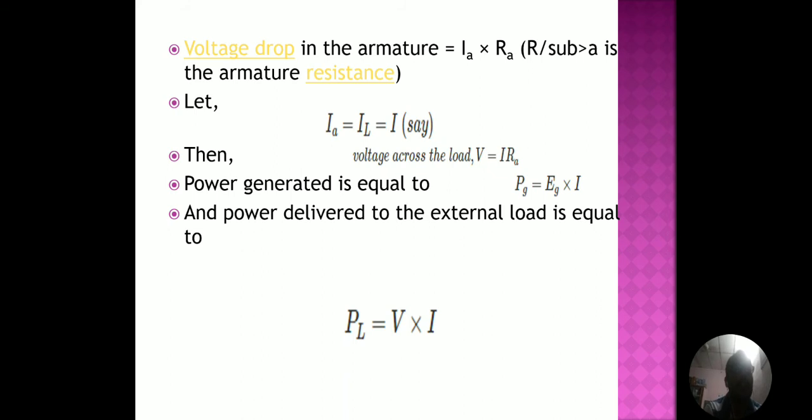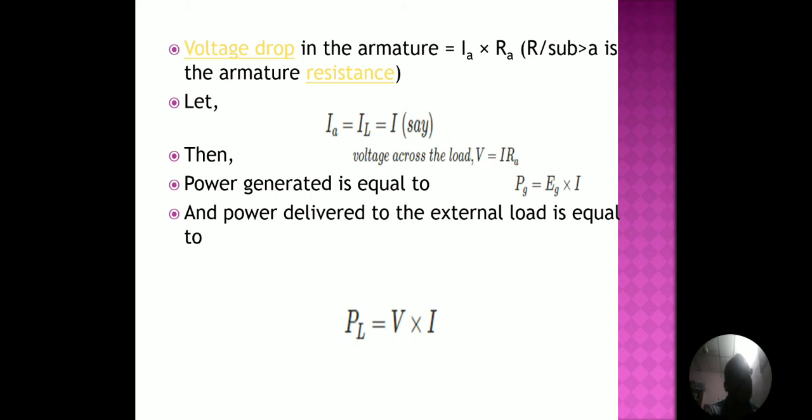And I have already said that the current in the armature and the current in the load are both equal. Then the voltage across the load is given as V is equal to I into RA.